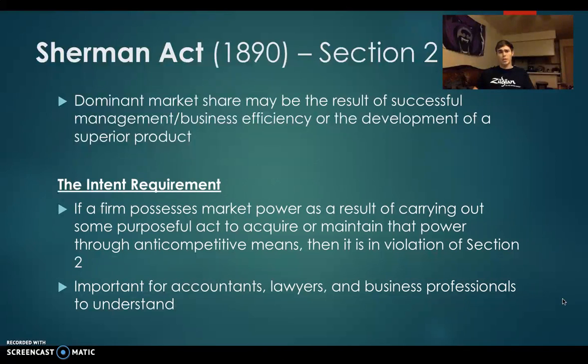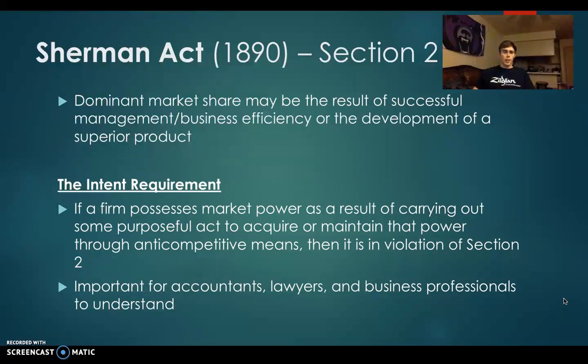So that's why Section 2 establishes what they call the intent requirement. If a firm possesses market power as a result of carrying out some purposeful act to acquire or maintain that power through competitive means, then it is in violation of Section 2.